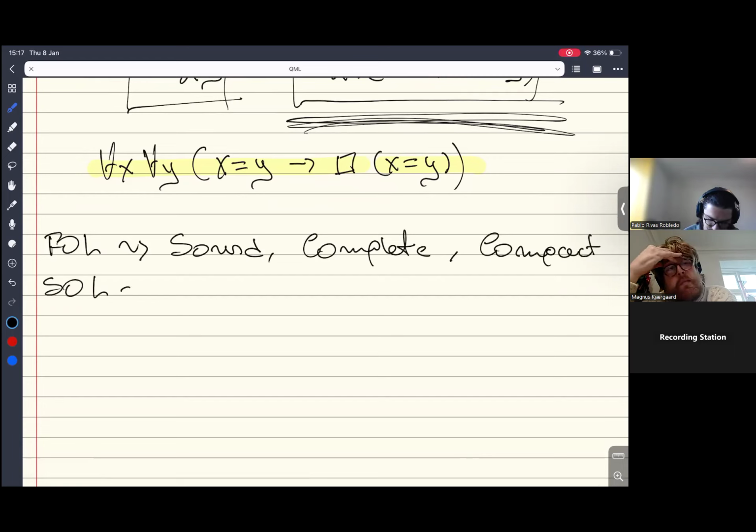In second order logic, there are ways and ways of doing this. There's something in the notes about this, but depending on how you do it, if you accept that your domain of quantification, your first order variables can range over the entire power set of the domain, this is called the full semantics.